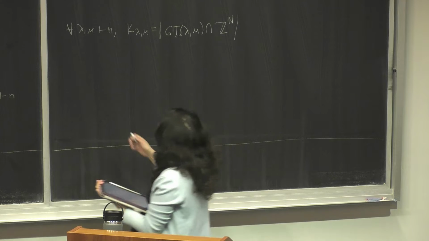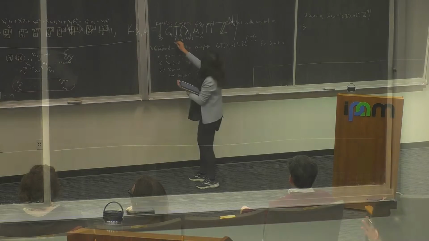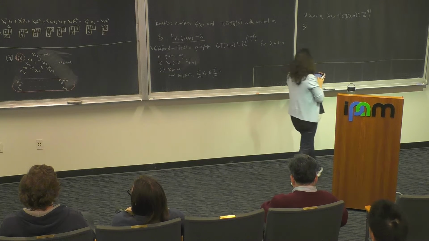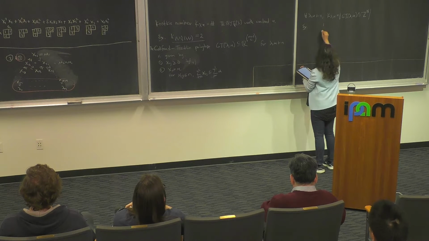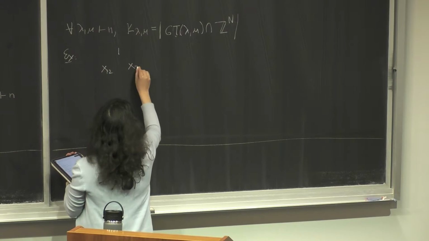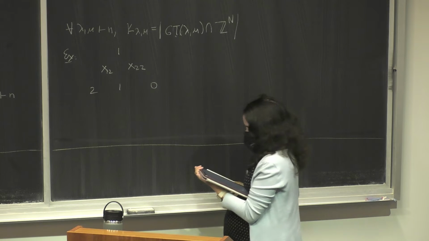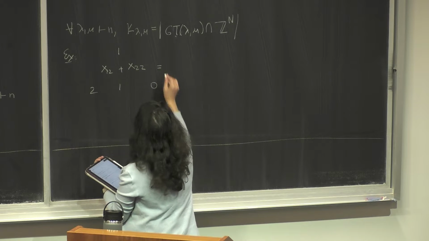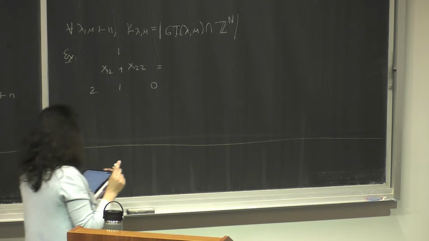If we wanted to see it in action in a very small example, we can look at this example that we saw over here. There we're just going to have a very small picture: 1, x12, x22, 2, 1, 0. And we want the sum of these two to be equal to 2.